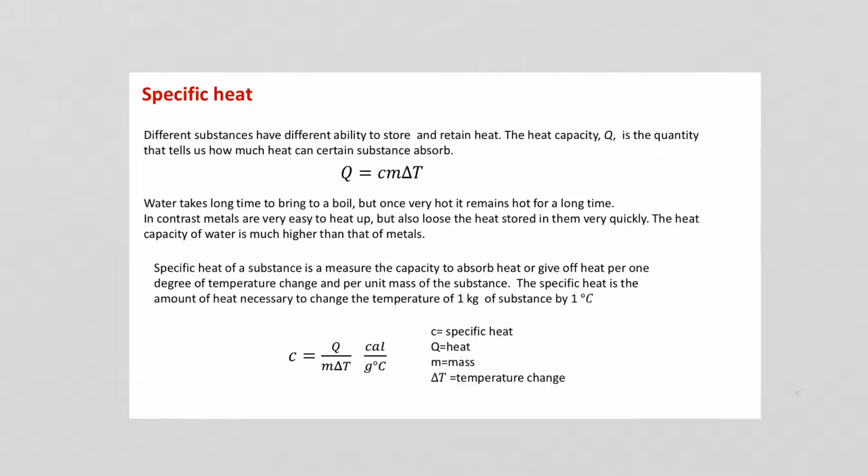For example, in the automobile industry, water is used in combination with ethylene glycol for heating and cooling of car engines. The reason that pure water is not used is because of the very narrow range of operation. Water boils at 100 degrees Celsius and freezes at 0 degrees Celsius.